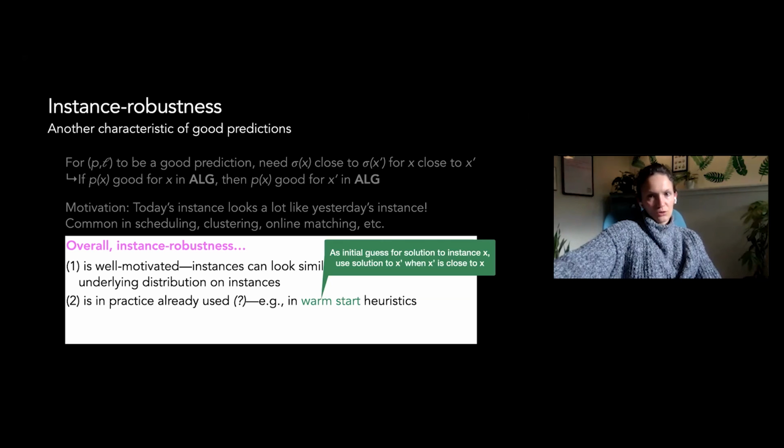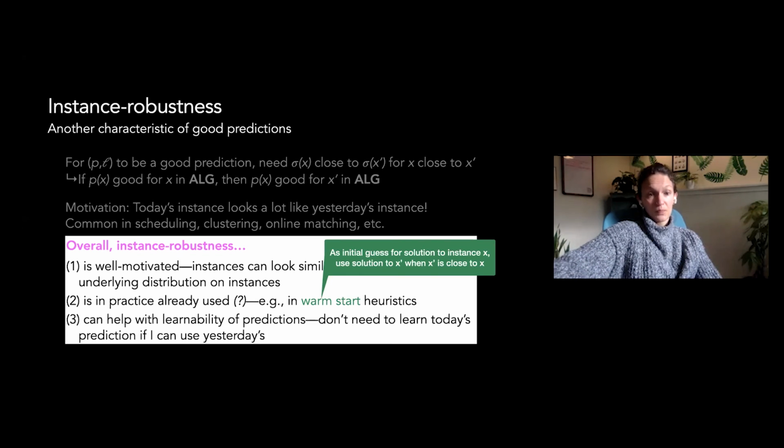In practice, you'll often use an initial guess for a solution, and based on the initial guess, you have a nearby solution. So in a sense, this is saying that your solutions are like your instance robust predictions, which is interesting.